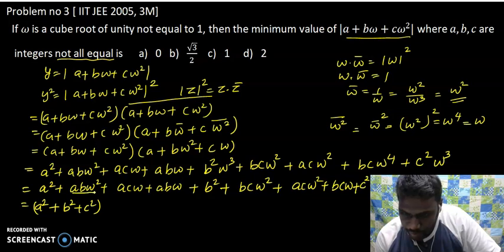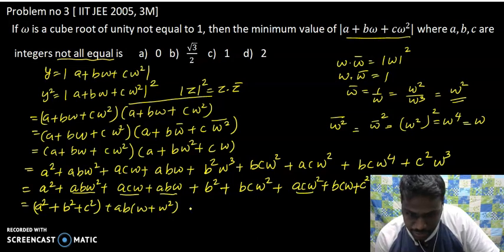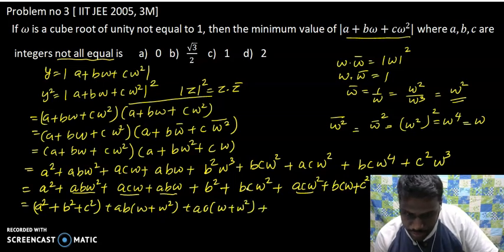Now ab omega squared is there and ab omega is there. If you take ab outside, the remaining will be omega plus omega squared. Again ac omega and ac omega squared are there, so if we take ac outside, it will be omega plus omega squared. And bc omega squared and bc omega are there, so if we take bc outside, the remaining will be omega plus omega squared.